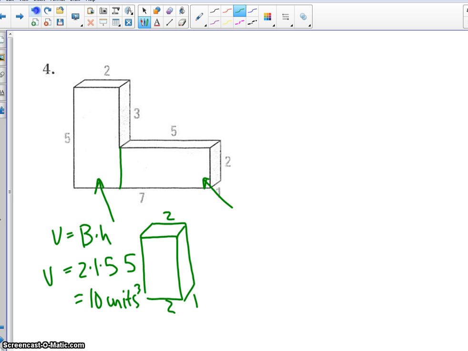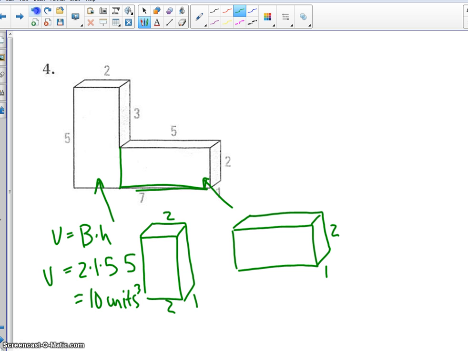So then we do the second part. You might, again, look at that shape and realize it's again a rectangular prism. Your measurements are 1, 2, and across the bottom here, you might want to think, how long is this piece right in here? Well, the whole thing all the way across is 7. This little section right here was 2. So 7 minus 2 is 5.